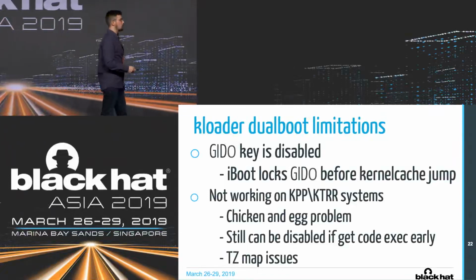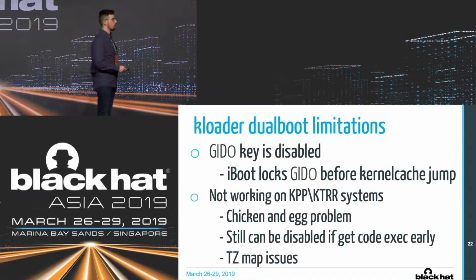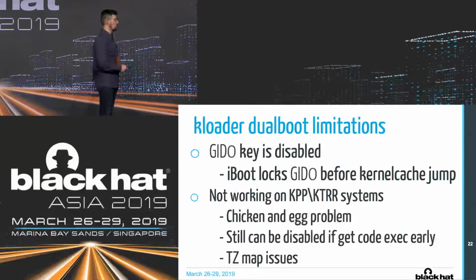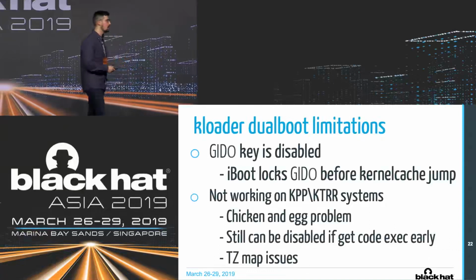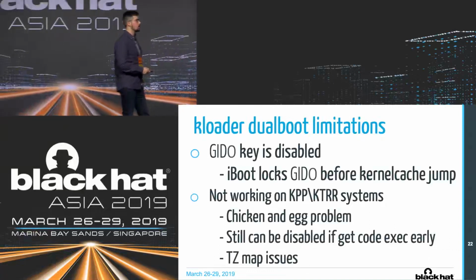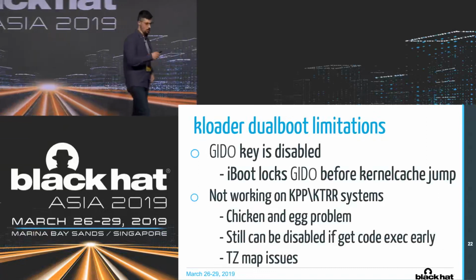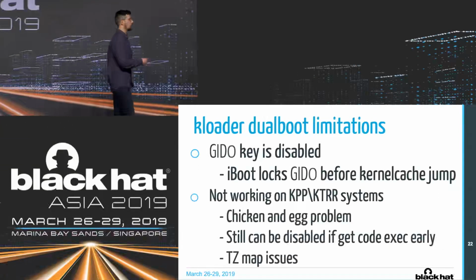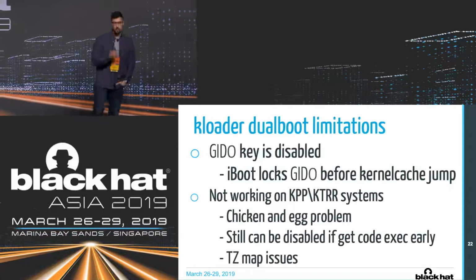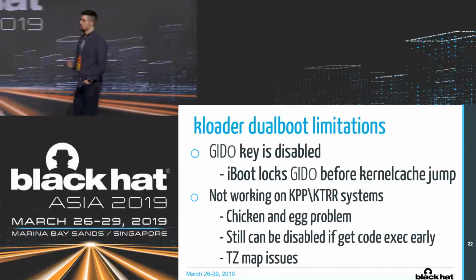There were a few ways to bypass it. The last successful one was by Luca Todesco in the Yalu 10 jailbreak. But even if we can disable KTRR, there are still some trust zone map issues, a trust zone memory overlap. So in other words, dual boot from the kernel is not really working on newer systems.